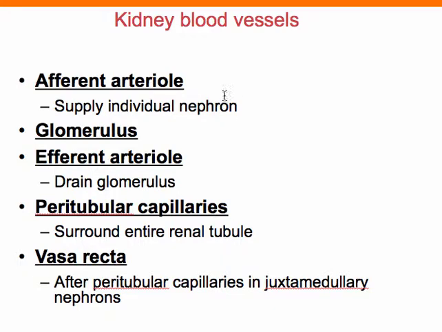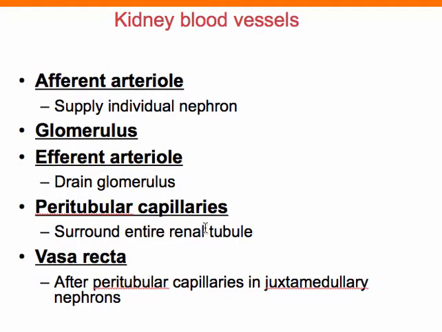So we've looked at the vasculature for the afferent and efferent arteriole. We know that those have smooth muscle around them, and that makes them important because they can help us to control the glomerular filtration rate. Glomerulus itself is a capillary, and it's necessary. It's part of that filtration to make the filtrate in the kidney. And now we have two other types of capillary beds.